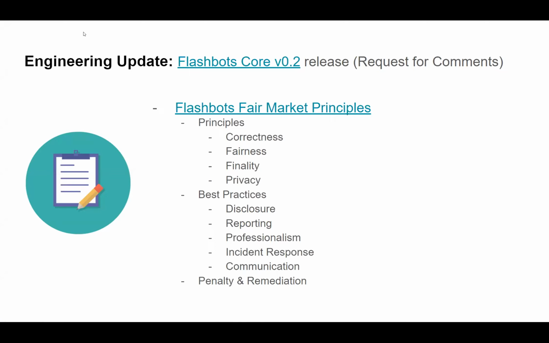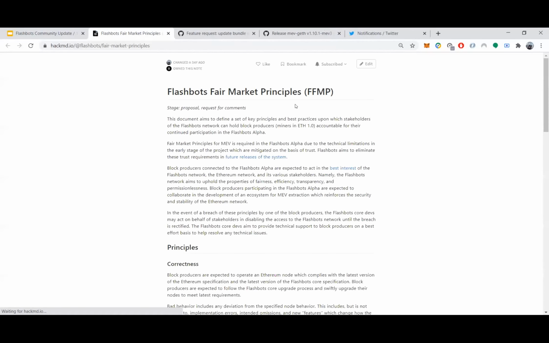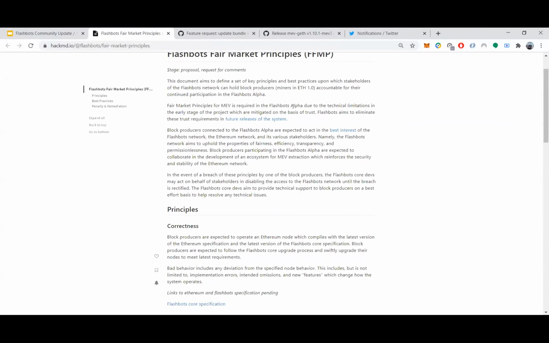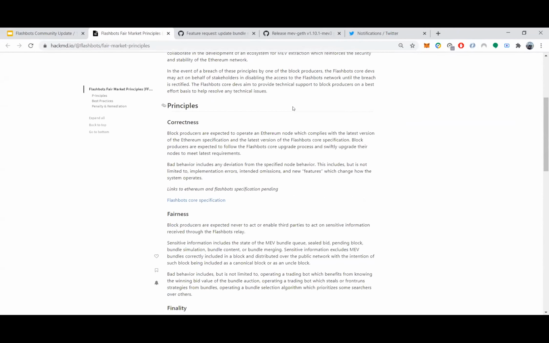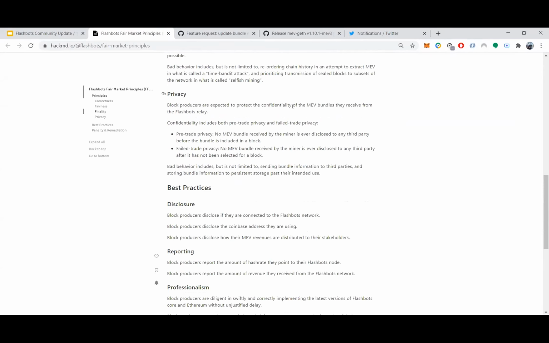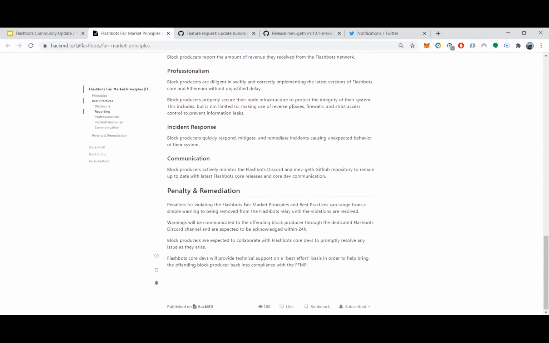And if we don't, essentially the community can be really angry at us and shun us. And potentially, if a miner does not uphold these principles, we can withhold future bundles from them until they come back into compliance with it. So I encourage you guys to read through these Flashbots fair market principles. It should answer a lot of questions around the trust requirements of the system, and would love some feedback on these.